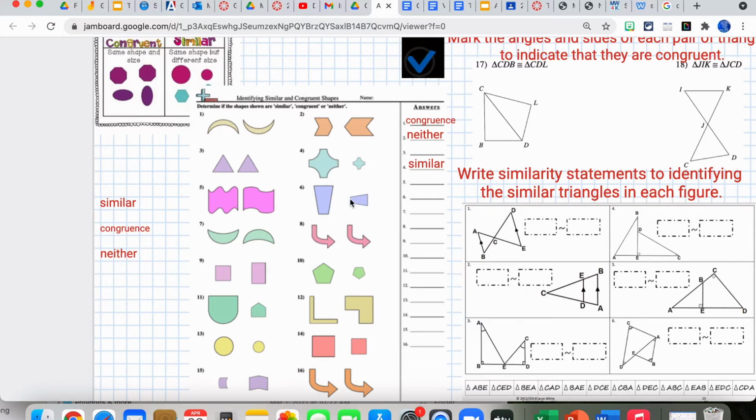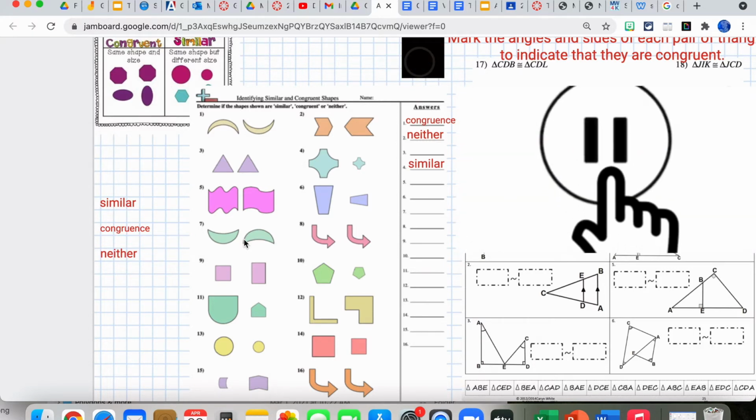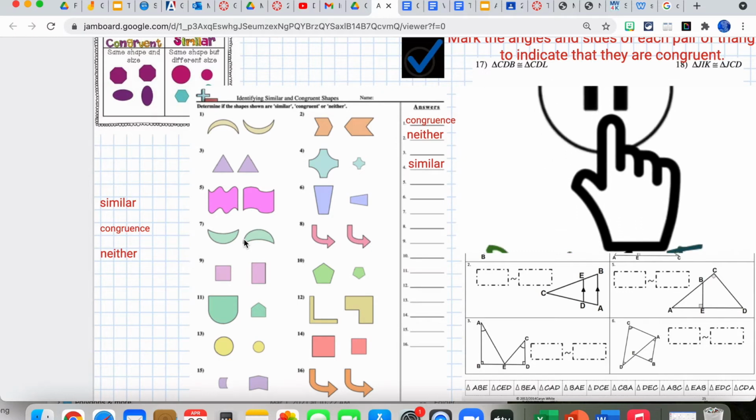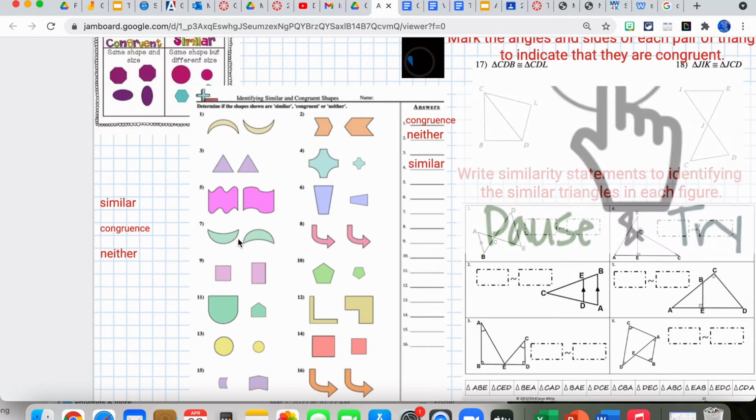Number six, if I turn this one counterclockwise I would get it on this side, and if I make it bigger, it would be like this. The answer is similar. It's where you can pause and try the rest of the questions on your own if you know how to answer this already.